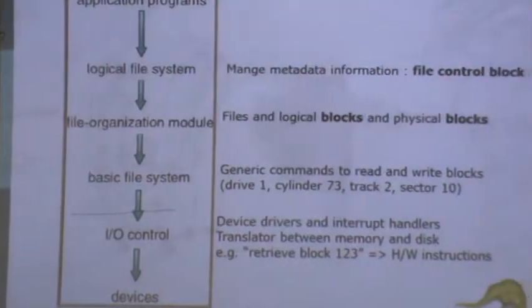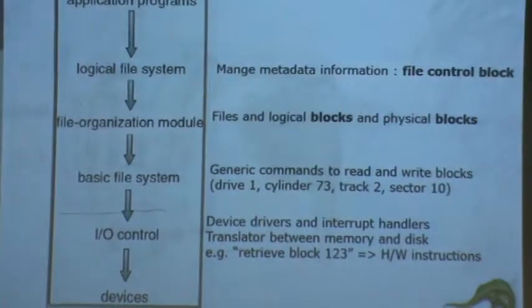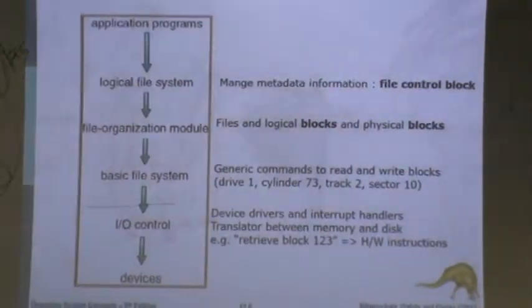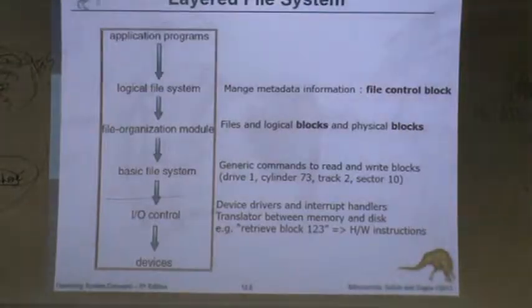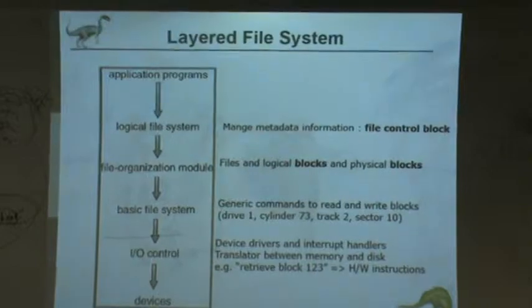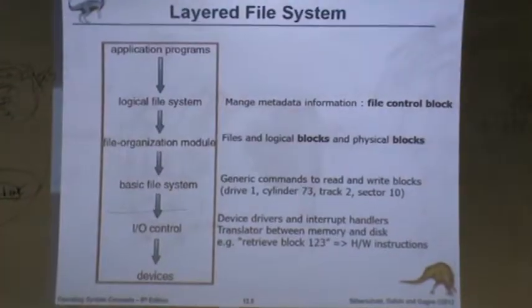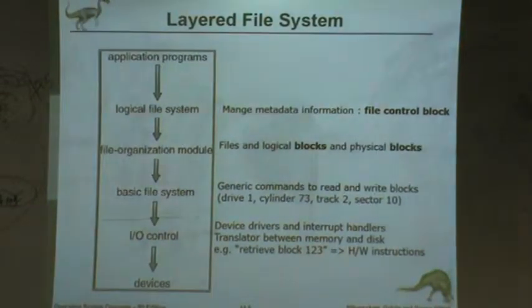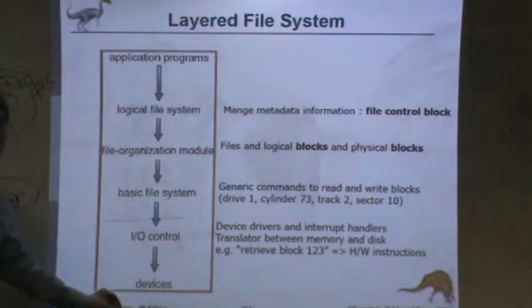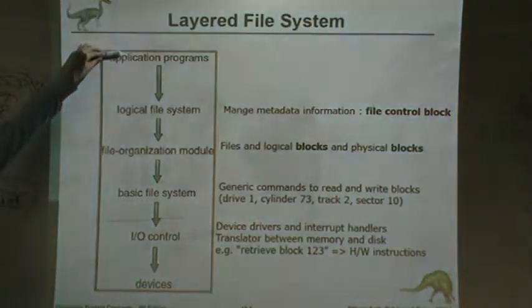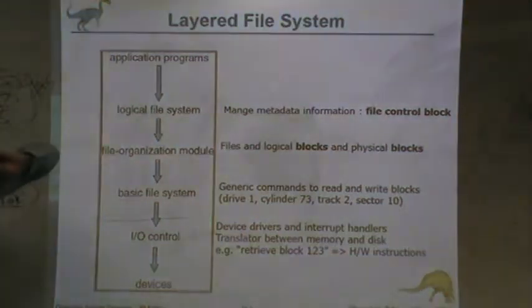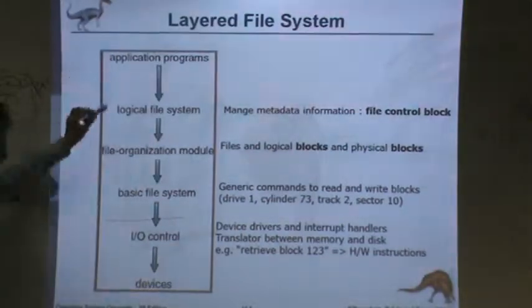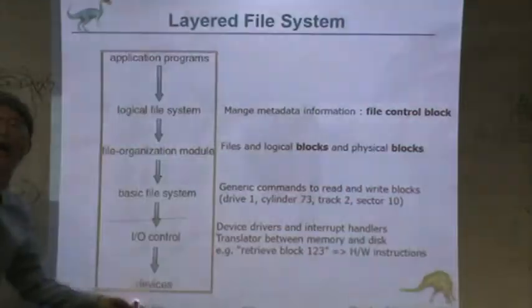Before that, we need to understand the different layers of the file system. This is the hardware level. This is the application level. When you access data from your application program, it doesn't have to know the physical address.